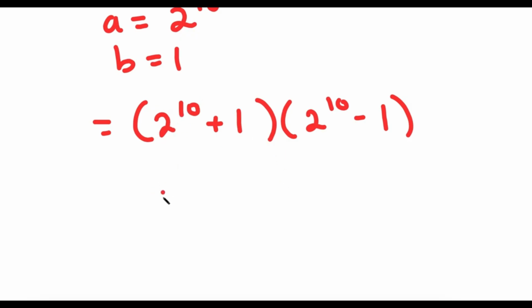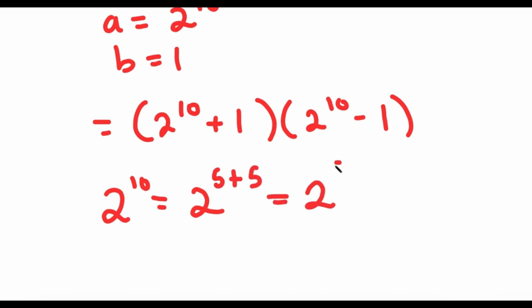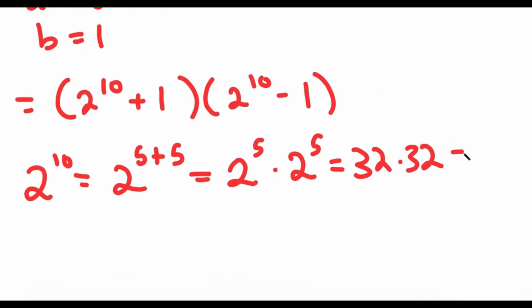Now 2 to the power of 10 is equal to 2 to the power of 5 plus 5, which is equal to 2 to the power of 5 times 2 to the power of 5, which is equal to 32 times 32, and 32 times 32 is 1024.